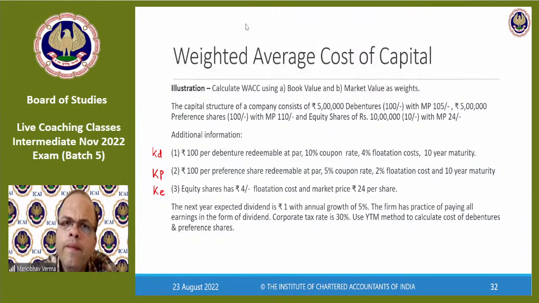So you can pick up a rate, and if it is a positive NPV, take a higher rate to arrive at a negative NPV or vice versa. Yes, Prabhas, IRR. That's what we are talking about. IRR, that is it.